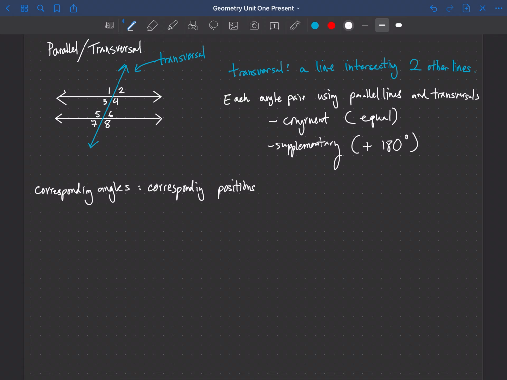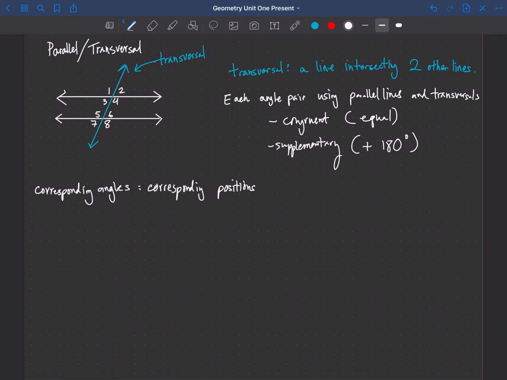For example, we have 1 in the top left corner, and then we also have 5 in the top left corner. Another example would be 2 in the top right corner and 6 in the top right corner. And then we also have 7 and 3, as well as 8 and 4.